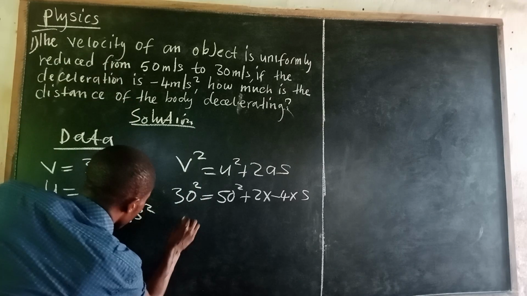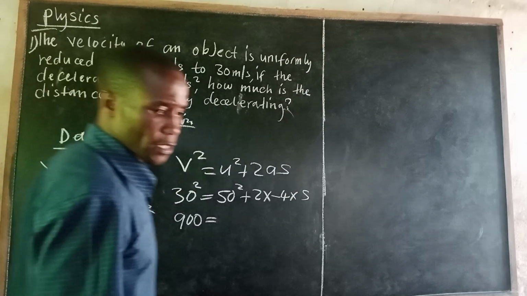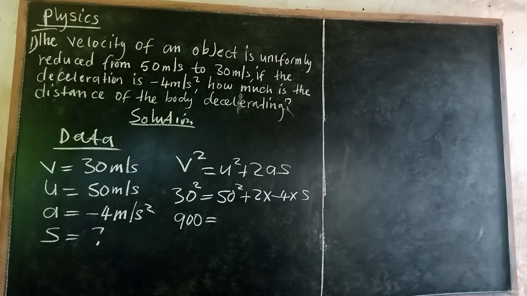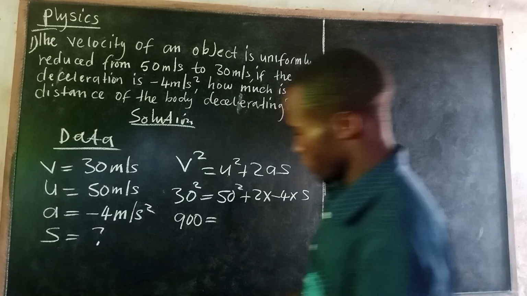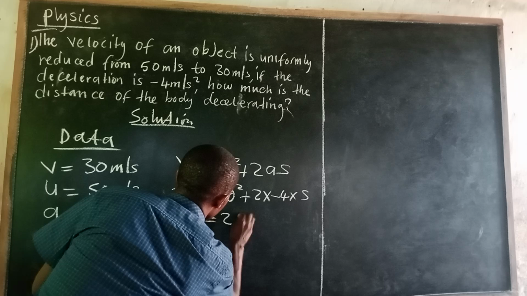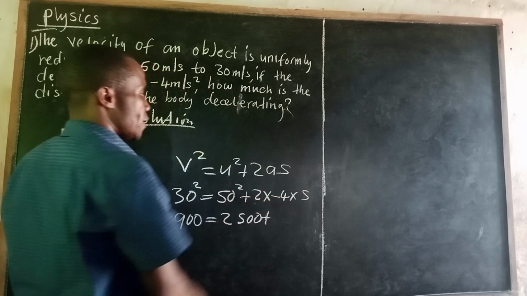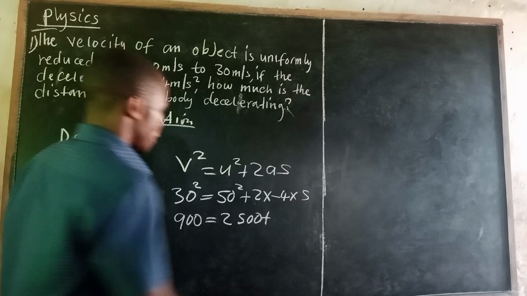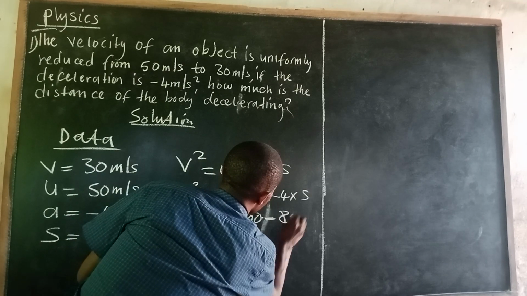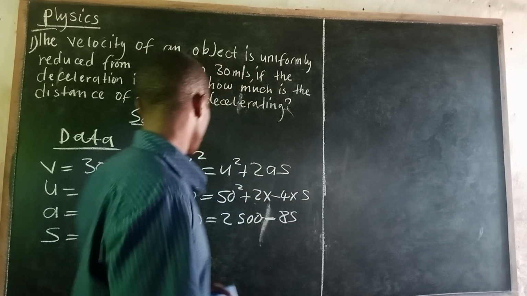30 squared is 900. Remember in physics you can use a calculator. Now 50 squared is 2,500, plus 2 times negative 4 times S, which is negative 8S.